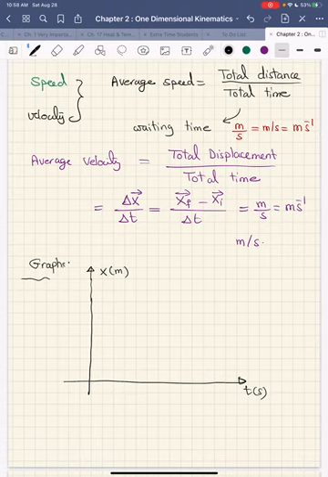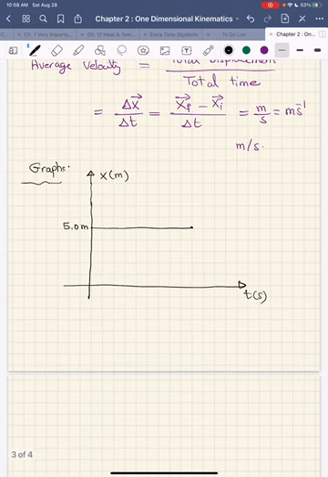Now, one thing that I want you to know here is that I can maybe describe a motion of an object like this. Okay, and maybe this is 5. And I might ask you, okay, tell me the story of this object, how this object is moving.